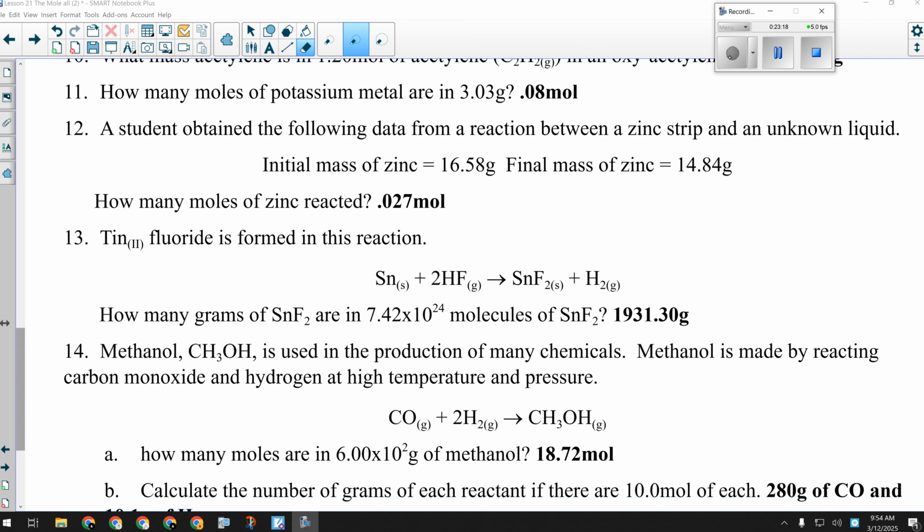So tin 2 fluoride is formed in this reaction. How many grams of tin 2 fluoride are in 7.42 times 10 to the 24 molecules of tin 2 fluoride? We're given the number of molecules, right here, and we're told it's tin 2 fluoride, SnF2.